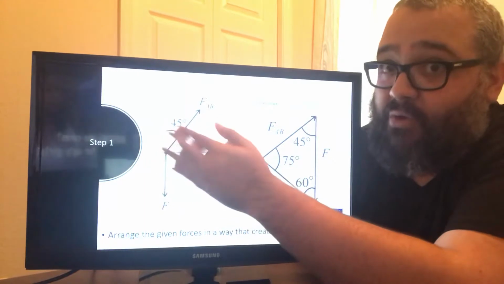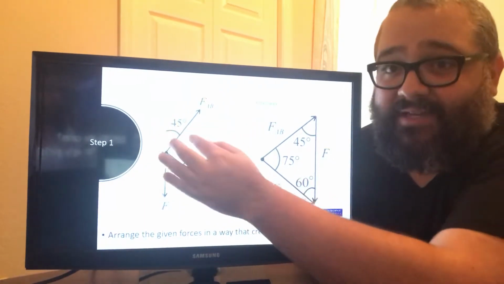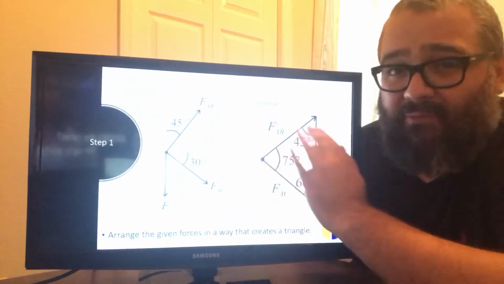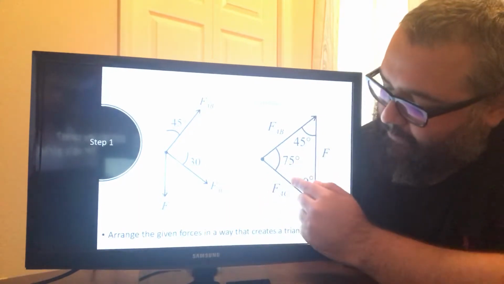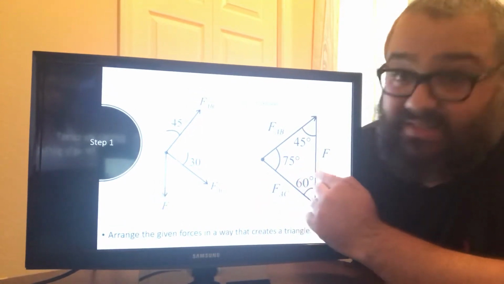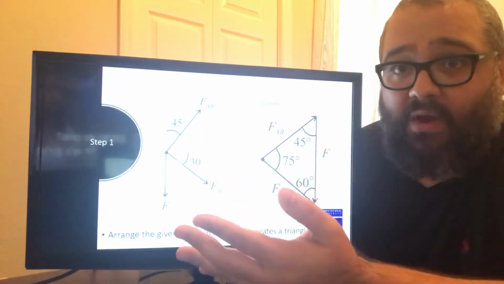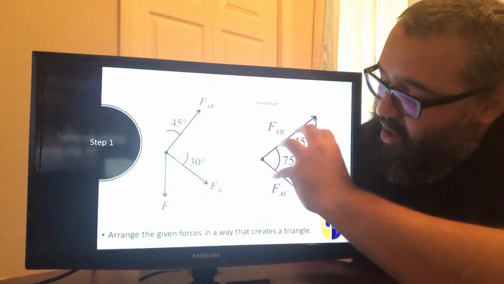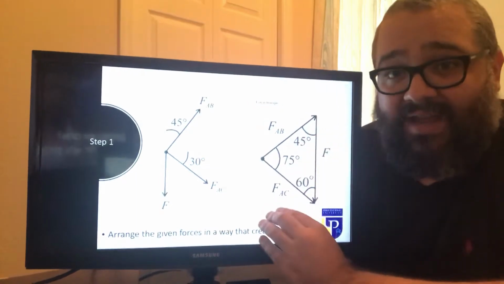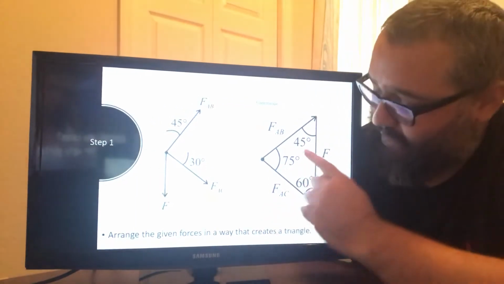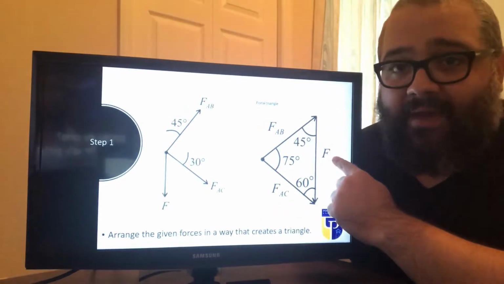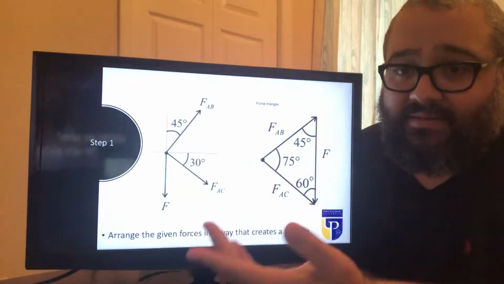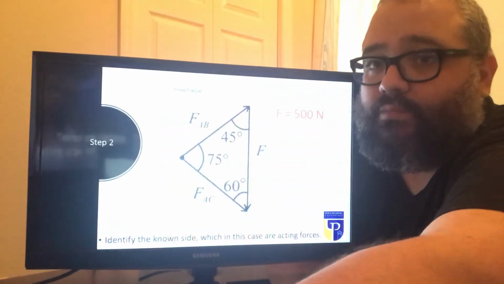Why? Because we know that in a quadrant we just have 90 degrees. So if we sum them up, we're going to be missing 60 degrees to get the 180 that we need inside of a triangle. So that will give us all the 3 angles inside of this triangle, plus the known force that we have. So that will let us apply the sine rule.